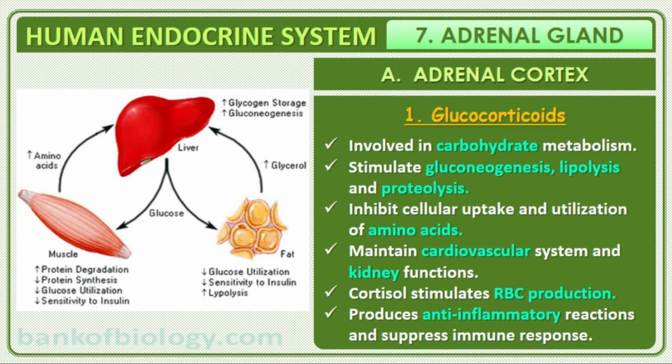It inhibits cellular uptake and utilization of amino acids. Then it maintains cardiovascular system and kidney functions. Then cortisol stimulates RBC production, produces anti-inflammatory reactions and suppresses immune response. Is it clear?